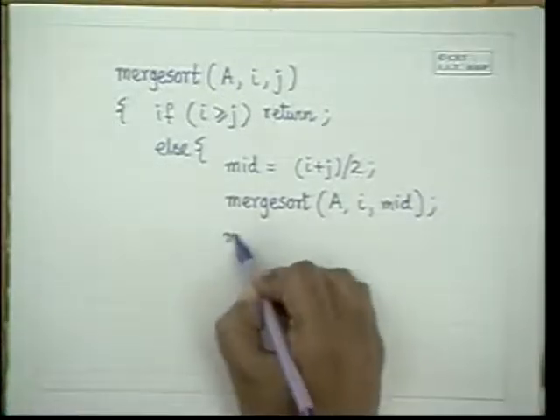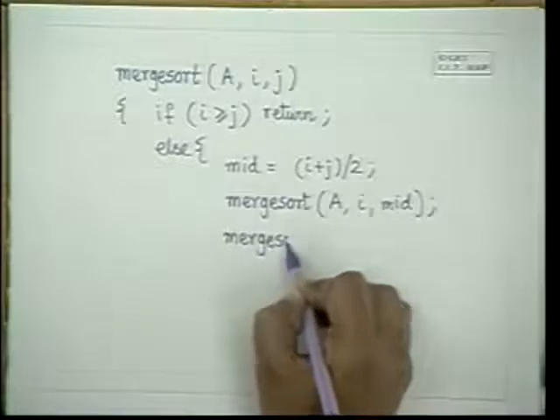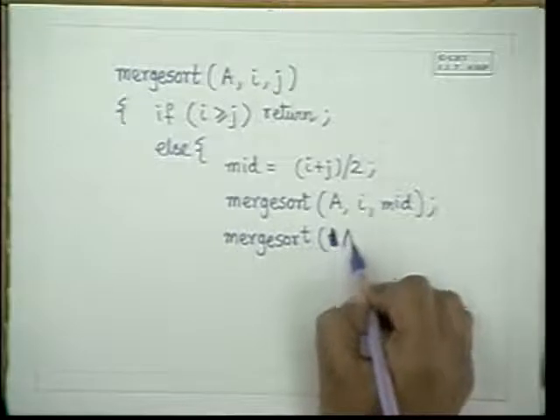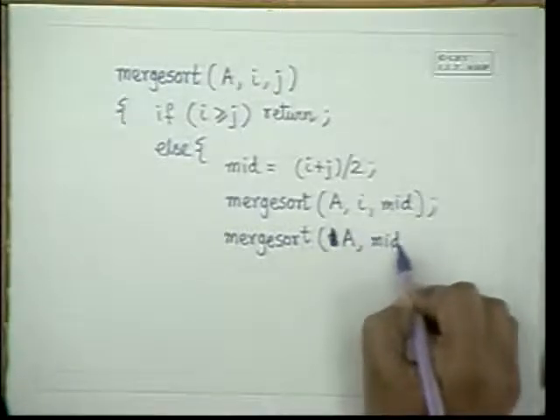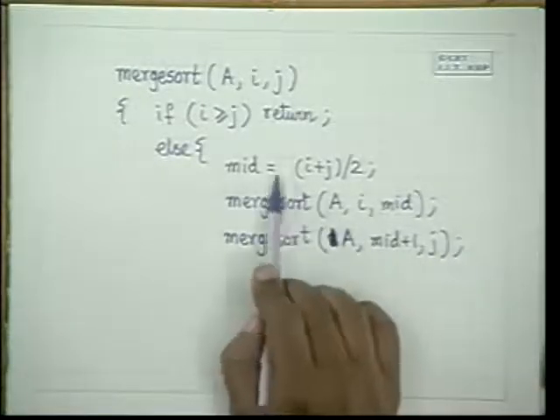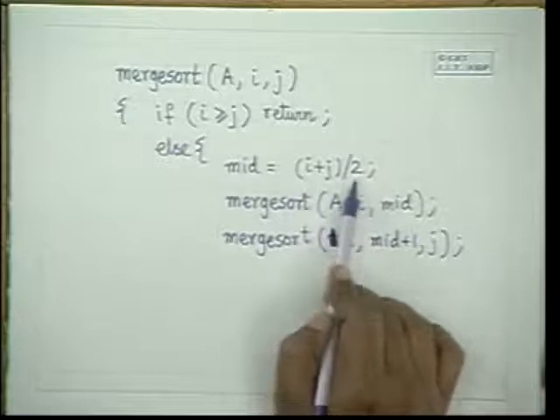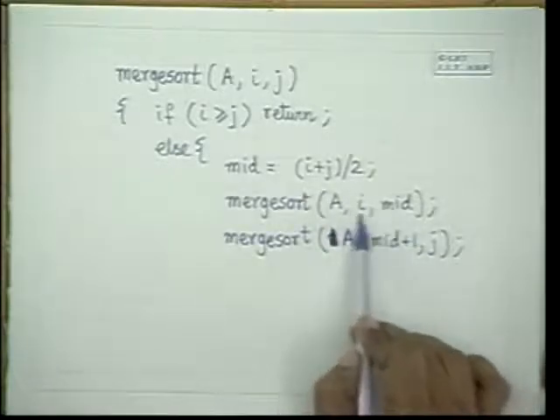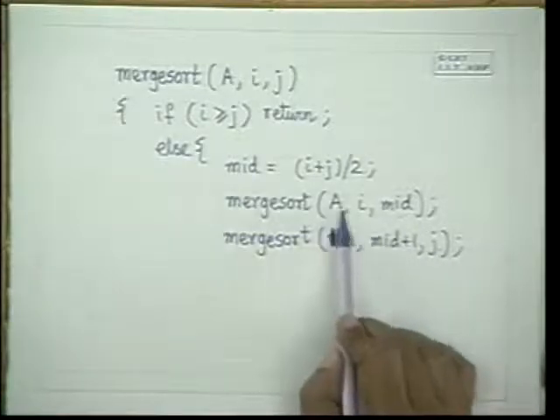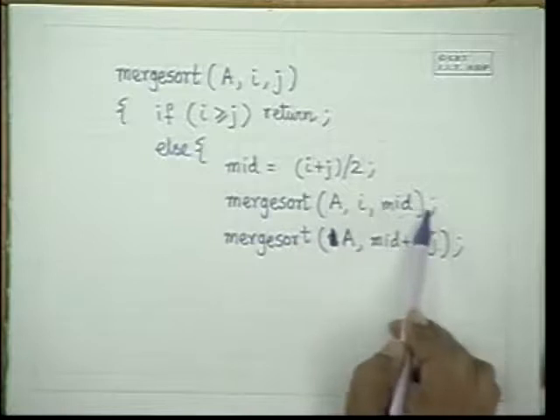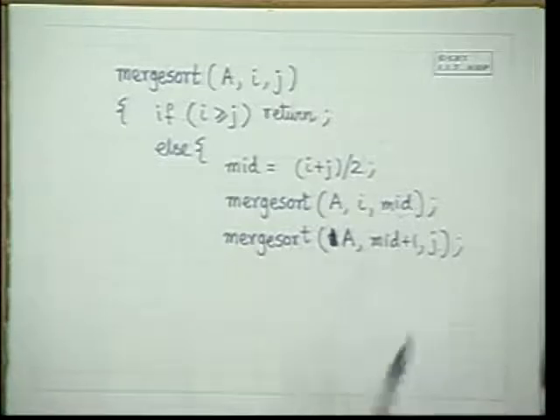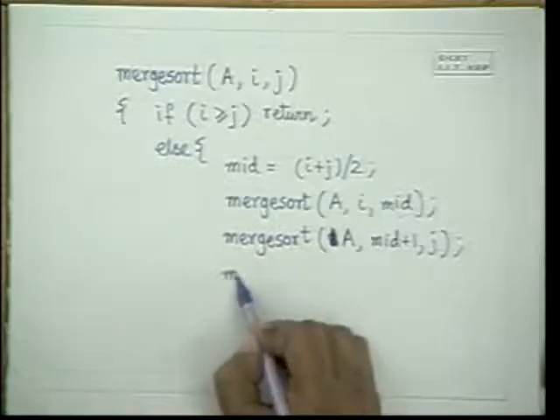The other part will be A, mid plus 1 to J. So now we have split the list into two equal parts and then called merge sort on one half, called merge sort on the other half, and we expect the array from I to mid will be sorted after the return of this merge sort. We expect the array from mid plus 1 to J will be sorted after we return from this.